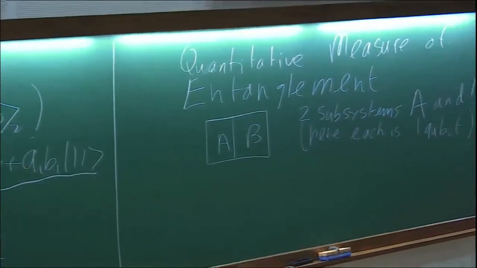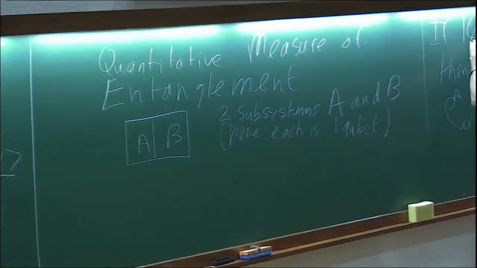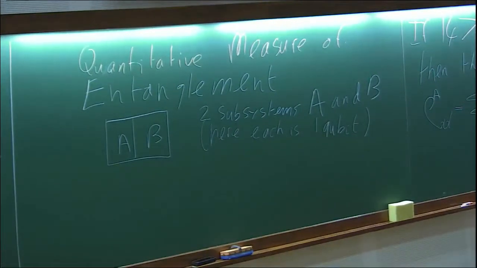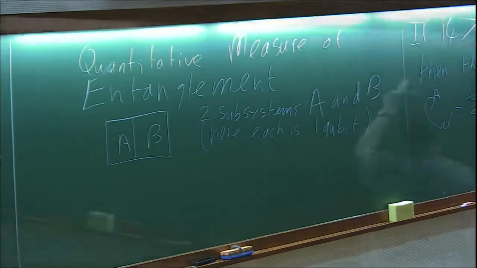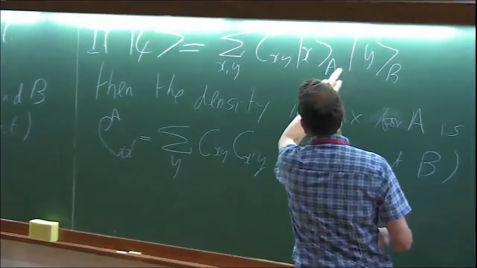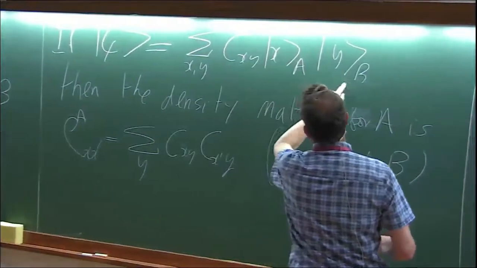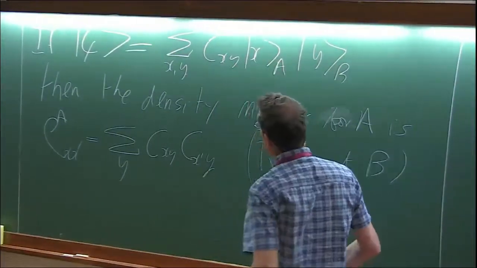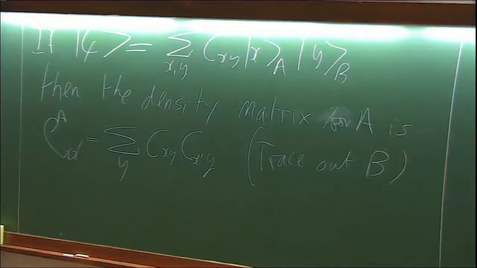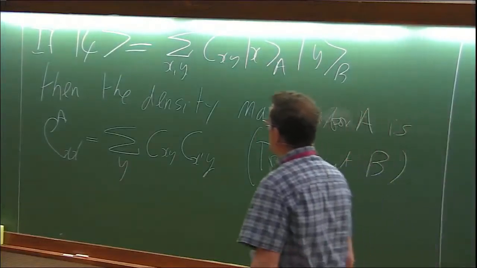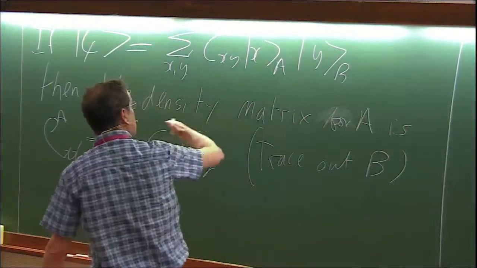And we write the state then as a sum over states of subsystem A and states of subsystem B. Let's label those by X and Y. And the amplitude of this particular state is CXY. That corresponds to here.